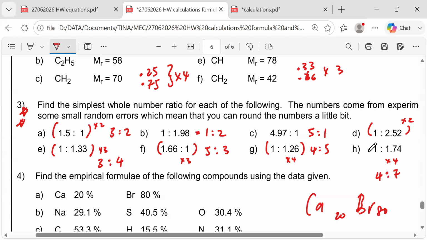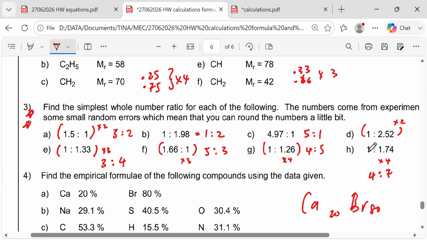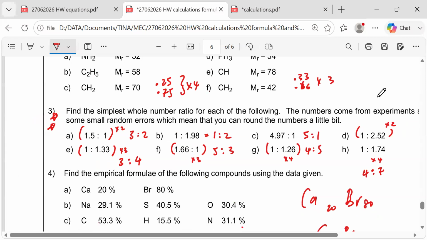Can you see the concept? So you don't always simply round up or round down. If it's 0.5, 0.33, 0.66, 0.25, 0.75, you have to multiply until it becomes the nearest round number. Make sense?